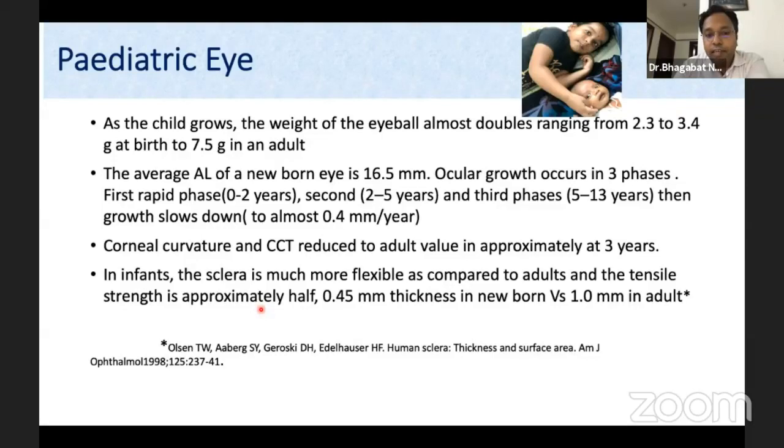The thickness is 0.45 to 0.5 millimeter, almost half of the adult sclera, which is 1 millimeter. So these parameters affect tonometry. Till now, no tonometry is independent of these variables. So definitely the IOP should not be the same as in the adult eye.